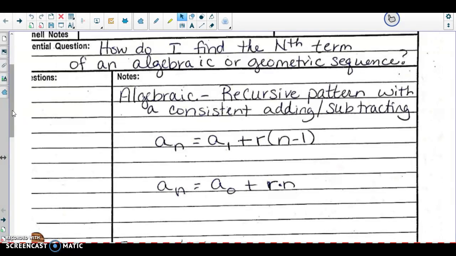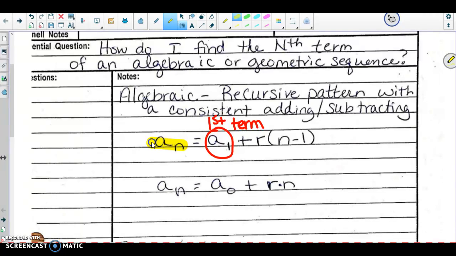So the way you could see it would be something like a sub n here, okay? And what we're using is a1, which is going to be the first term. And we get there because we multiply it by what we change, our rate, and then we use this as the n minus 1, so that's going to be the previous term.